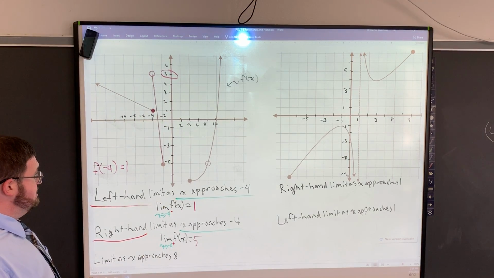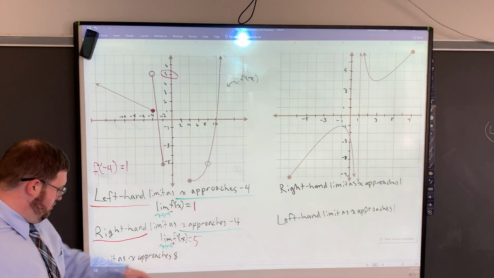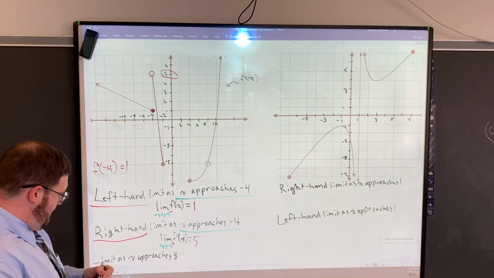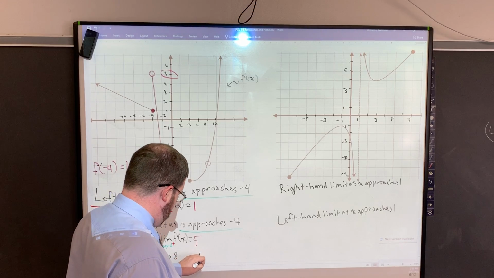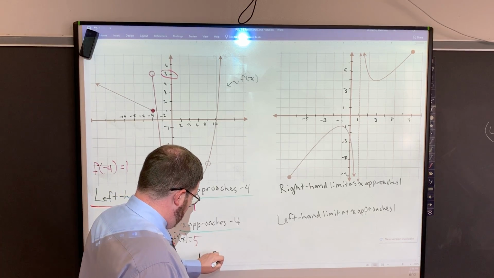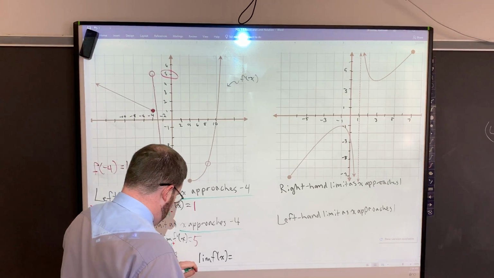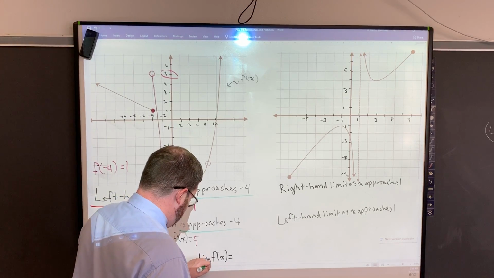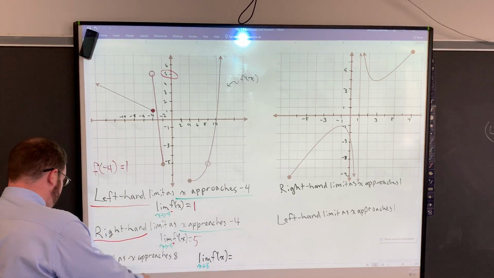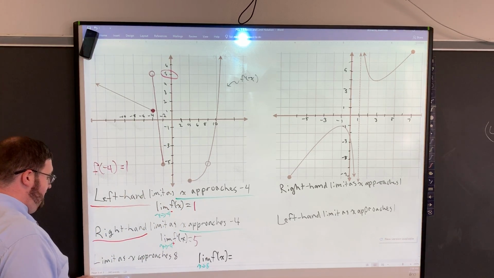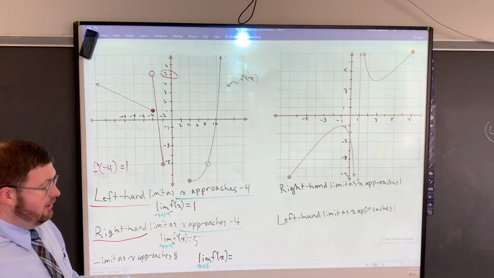Last one for this particular graph, the limit as x approaches 8. I'm going to set that up. Limit of f of x. X approaches 8. One thing that you hopefully noticed is that I did not say left hand or right hand on this one.